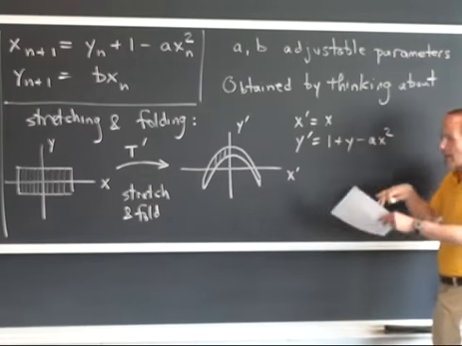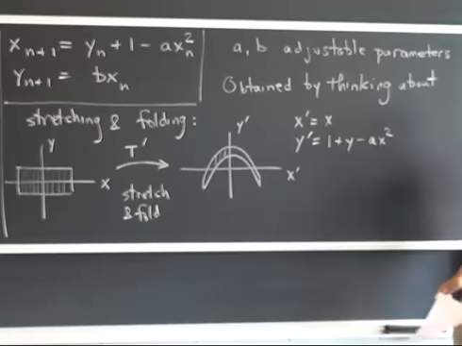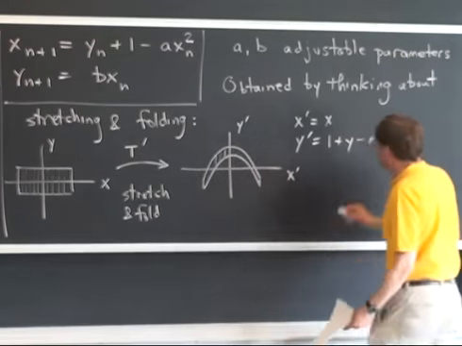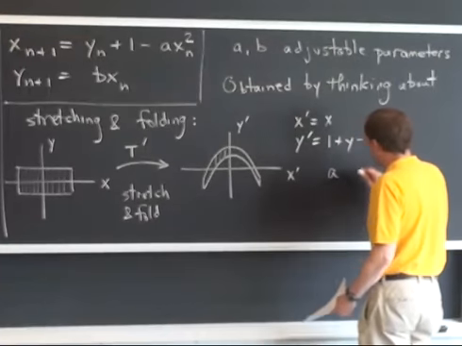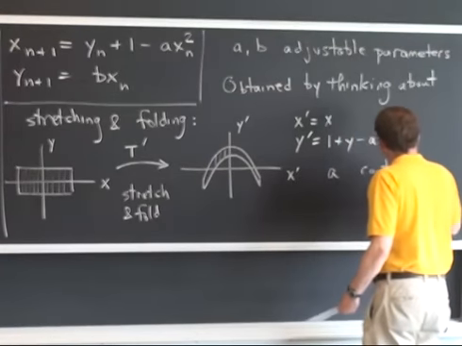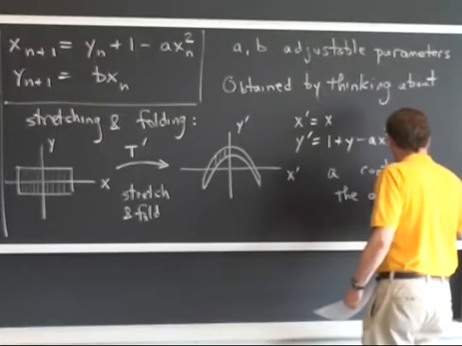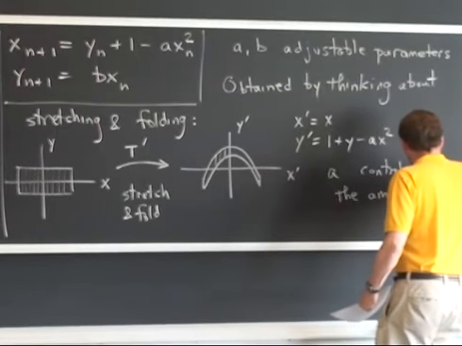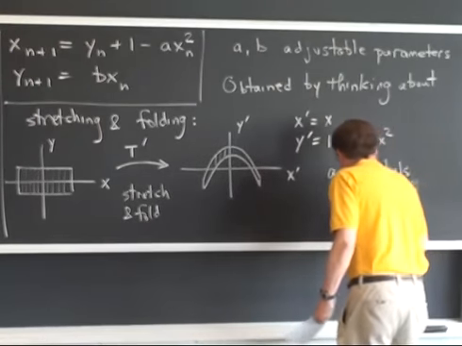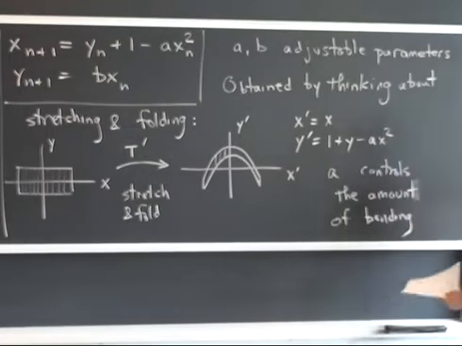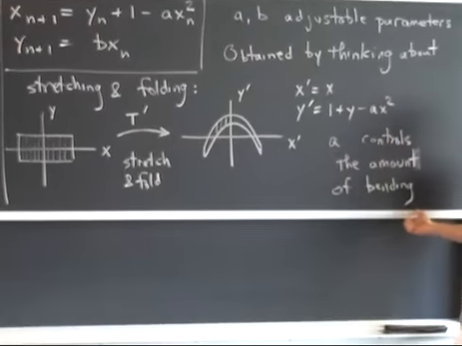And then I do minus ax squared. That bends it into a downward parabola. And so that's what you're seeing, two parallel downward parabolas. So this a controls the curvature, the amount of bending. All right, so that's the first step.